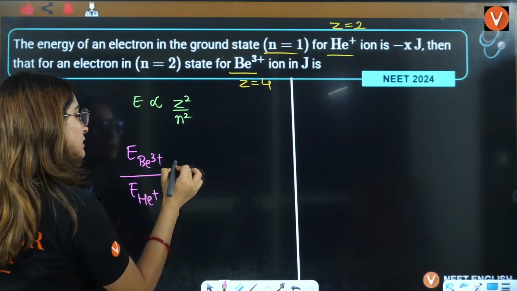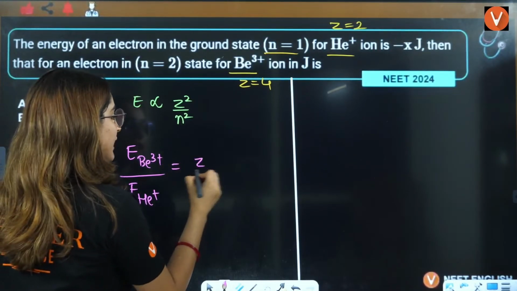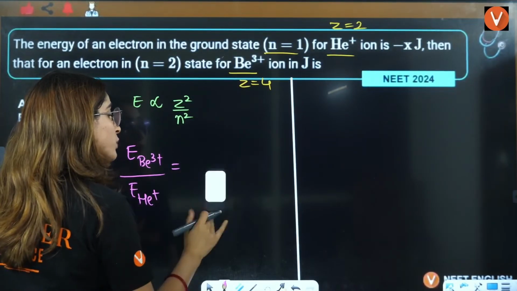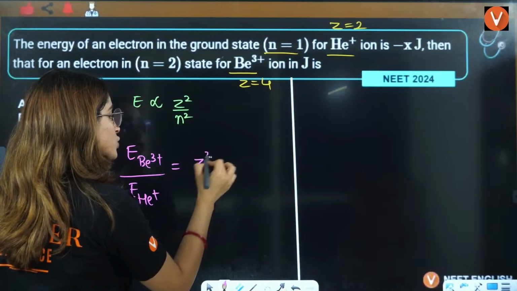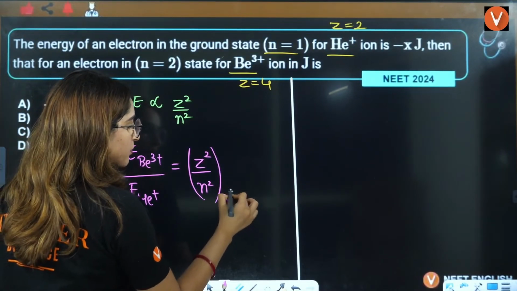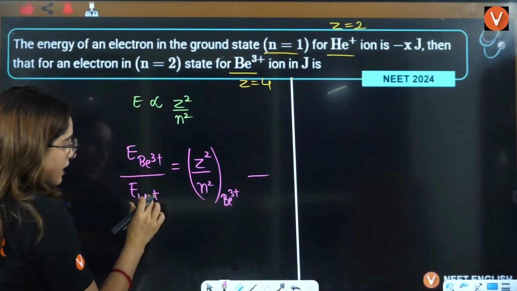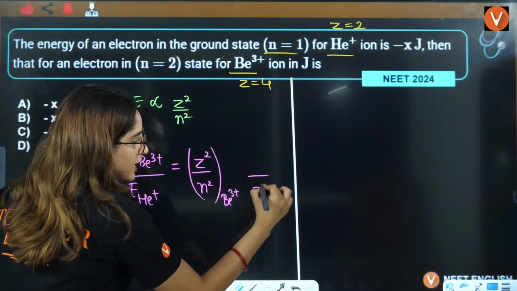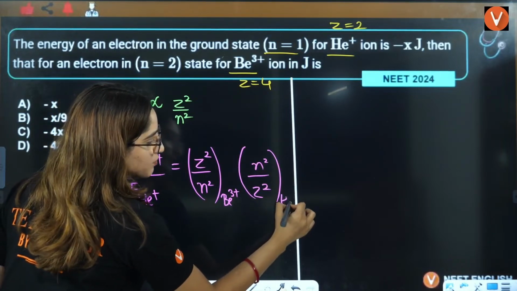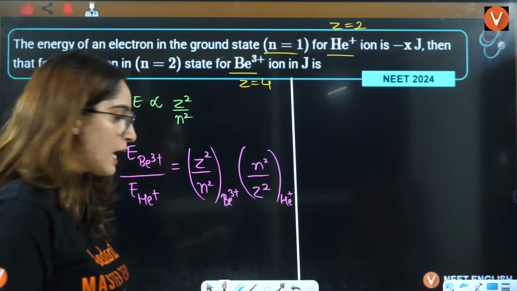That is equal to Z square by n square of beryllium 3 positive over that of helium positive.